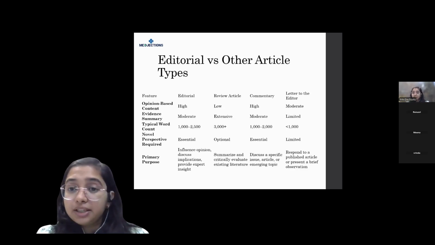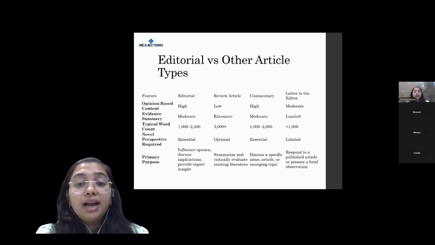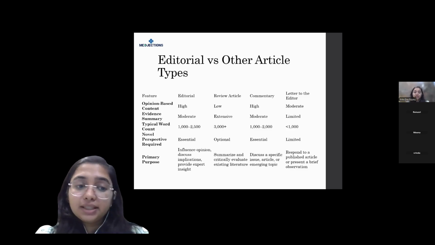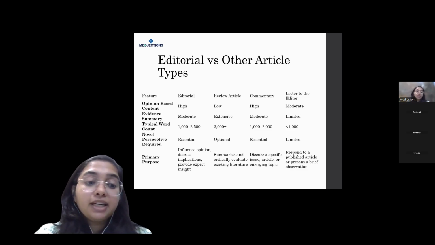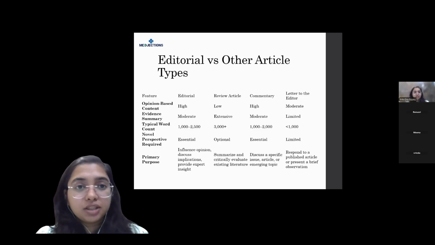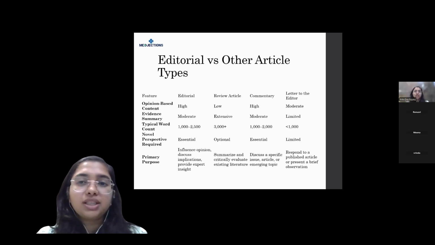Now, what is the difference between editorial and letter to the editor? Letter to the editor is a small work, okay? So the typical word count, you can see it's different. Now, the perspective that you write, since the word limit is less, you will have less space to write about that topic. So you just write the basics and you just finish it.